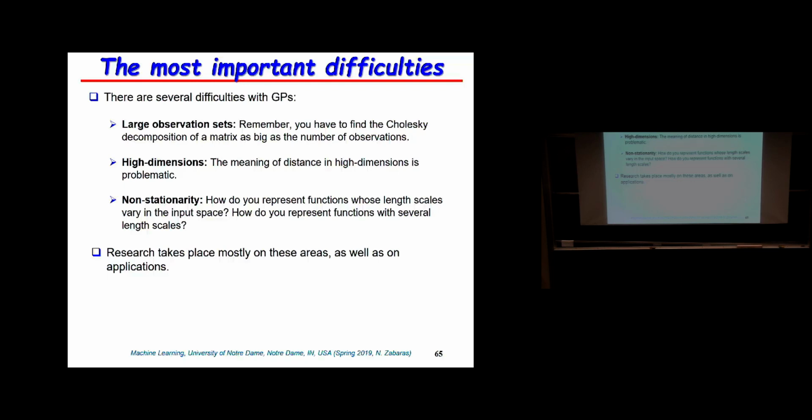So a lot of GP implementations don't work in high dimensions. And then we already saw that if you have variability that is different in different directions of your input space, so you have non-stationarity, training the system to learn the length scales is also a very difficult task.